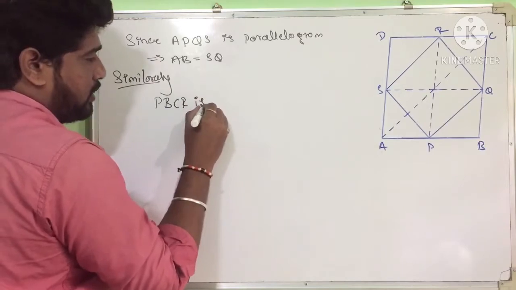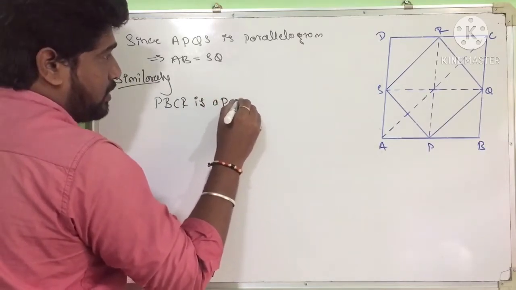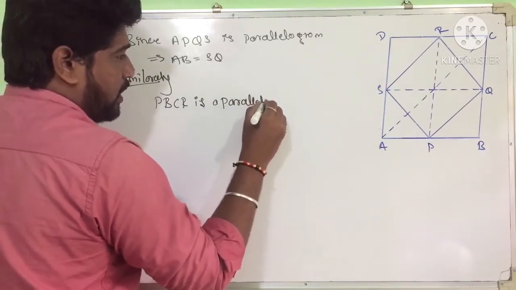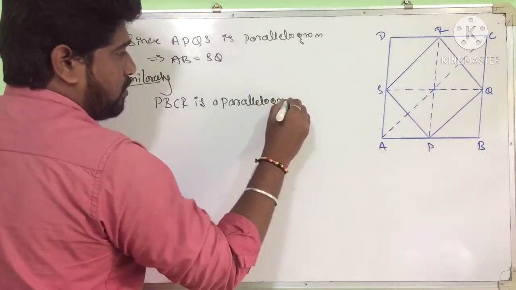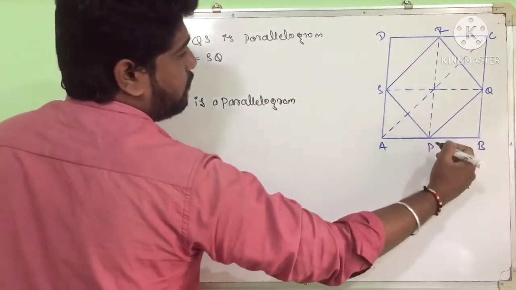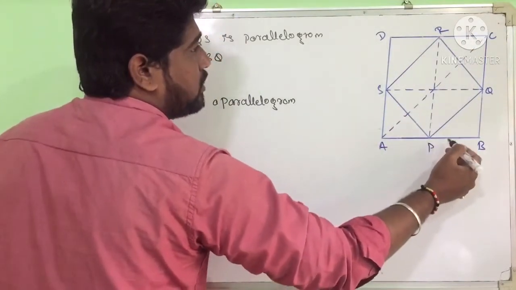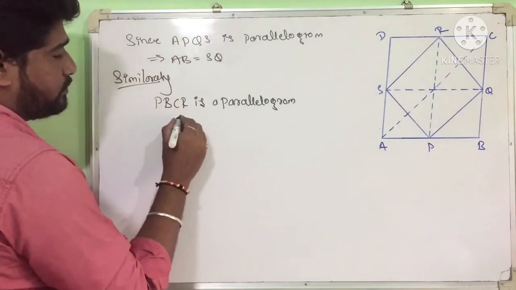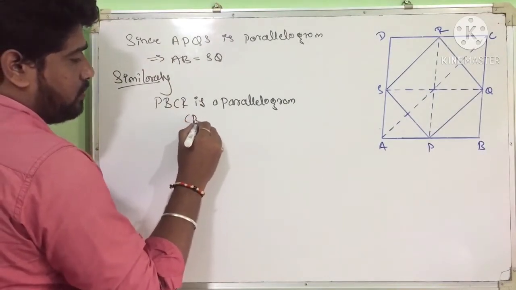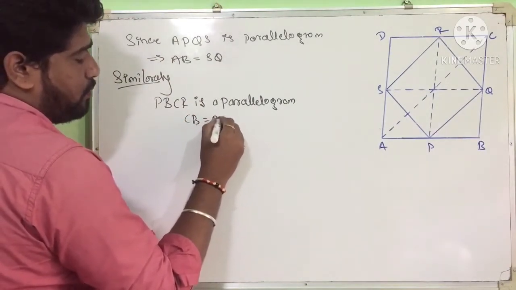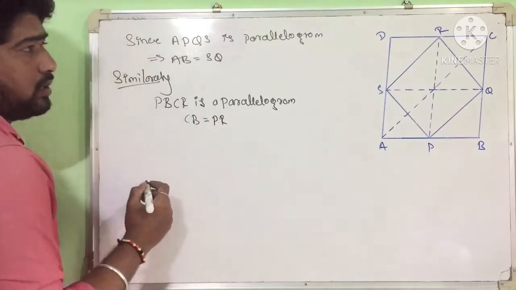So PBCR is a parallelogram means PR is equal to CB, or CB is equal to PR.